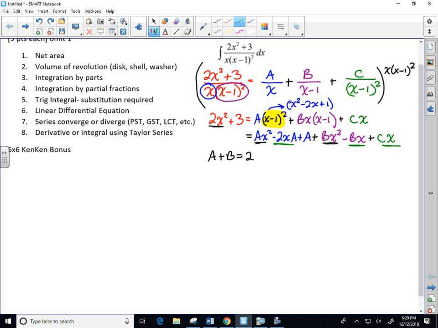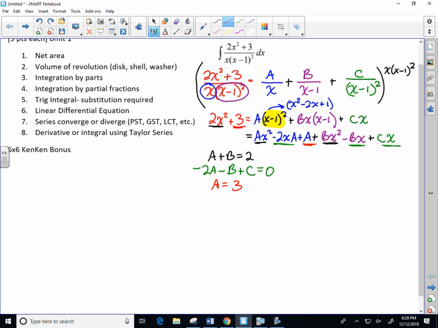So we'd be looking at negative 2A minus B plus C would have to equal 0. And then anything that doesn't have an x attached to it would have to add to the constant. So that's telling us that A has to be equal to 3.